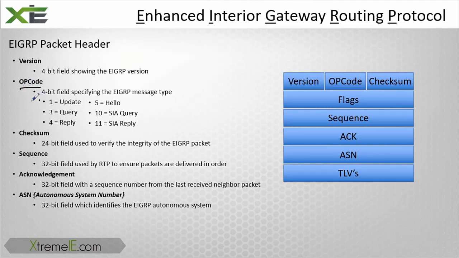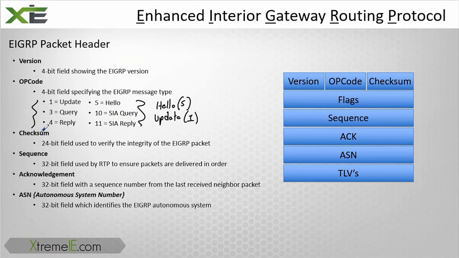Now, the opcode is going to be a numerical value, and it's going to define what that packet is. In newer versions, it will actually show them together. So in other words, you'll see something like hello, and then in parentheses you'll see the opcode of 5, or you'll see an update packet, and in parentheses you'll see the 1. So it's a numerical value here that's going to define exactly what type of packet that is.